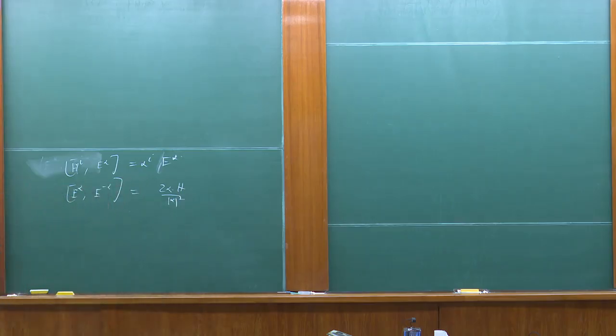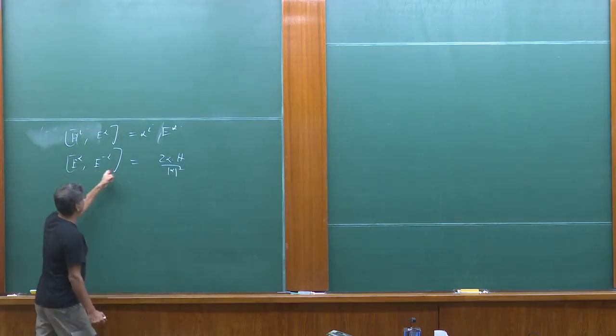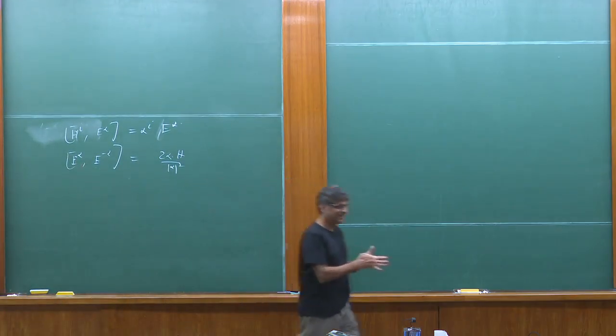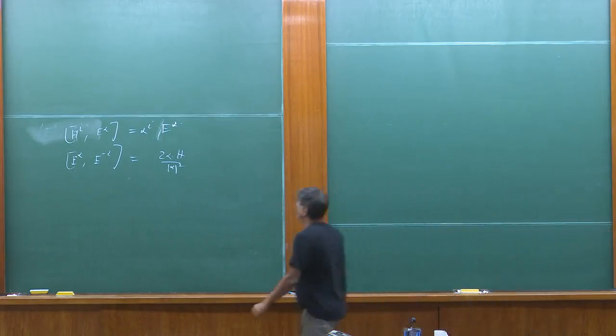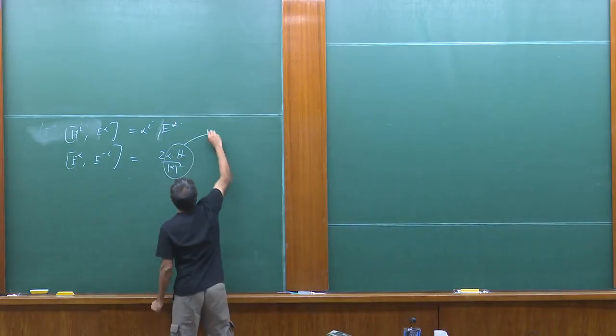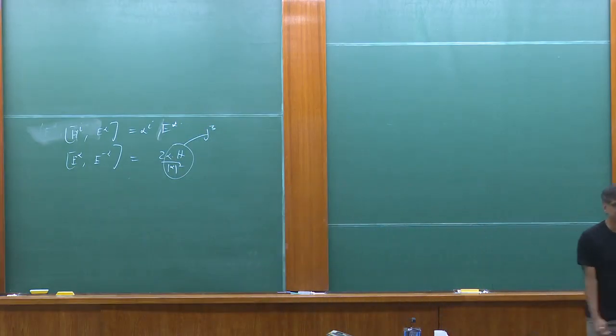You remember this? Therefore E alpha, E minus alpha, and this guy form the same algebra as J plus, J minus and J3.